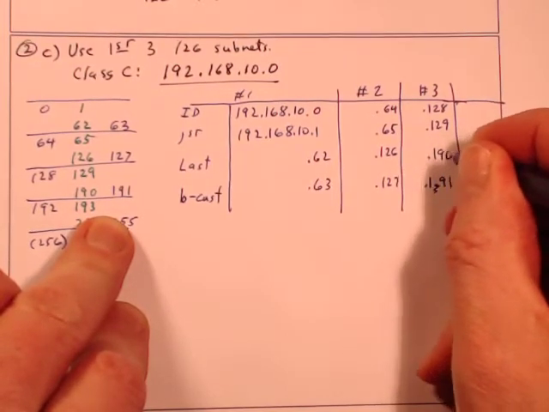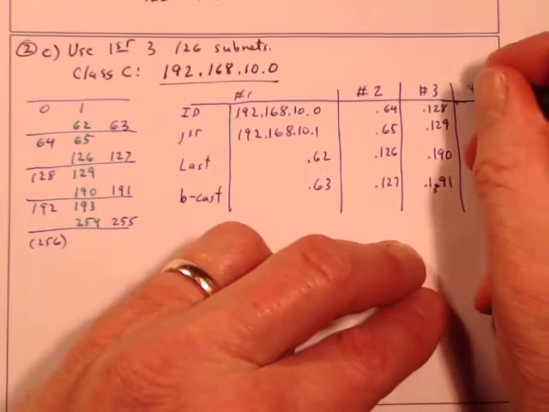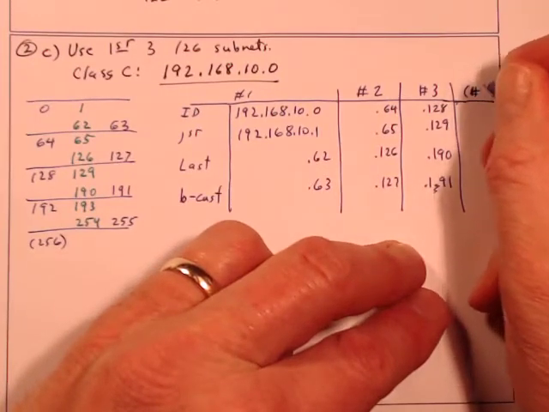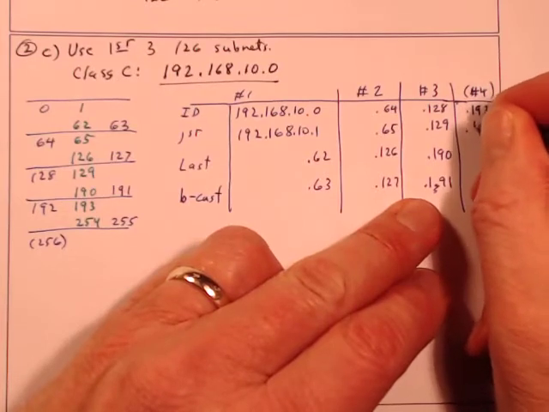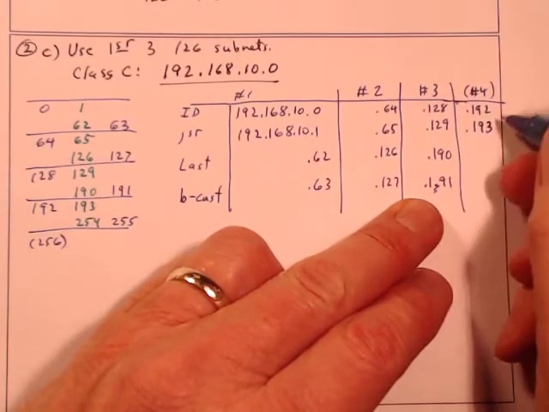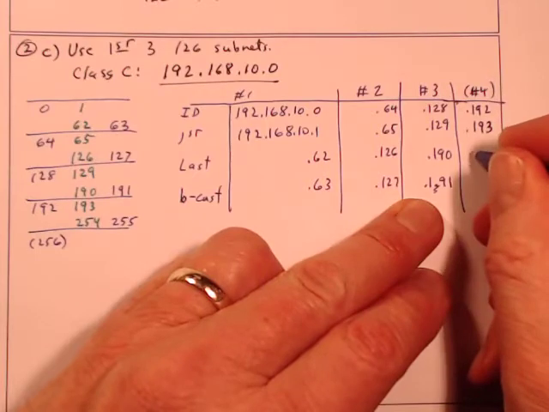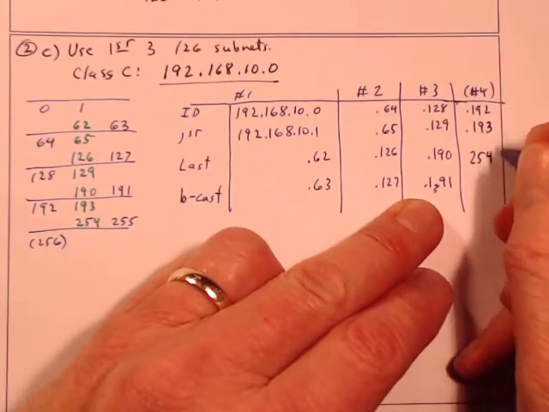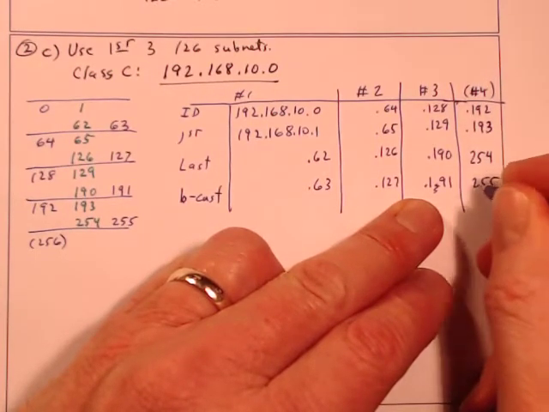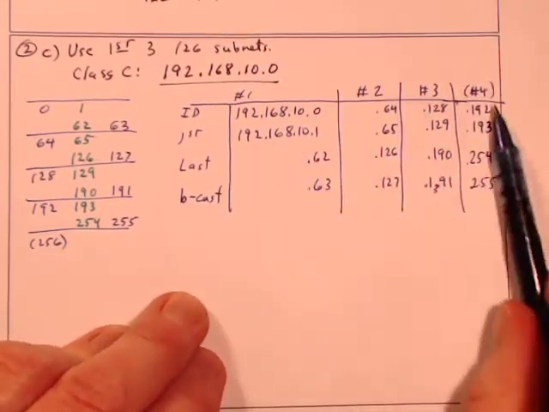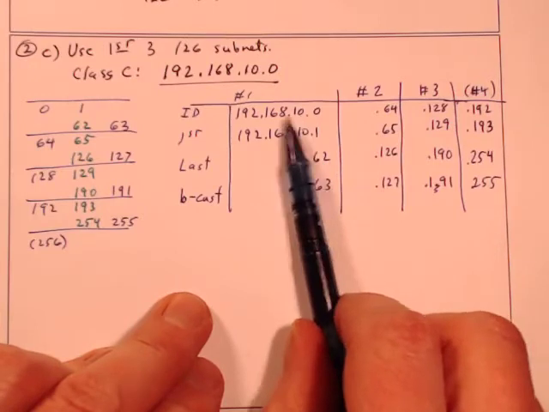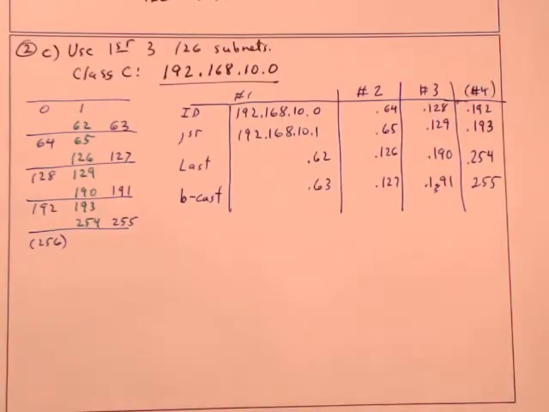And if we were to use the 4th one, which it doesn't ask you for, it would start at .192 as the ID, 193 as the first, 254 as the last, and 255 as the broadcast. Okay, and so hopefully from this chart it's very clear that we've just stopped writing the 192.168.10.